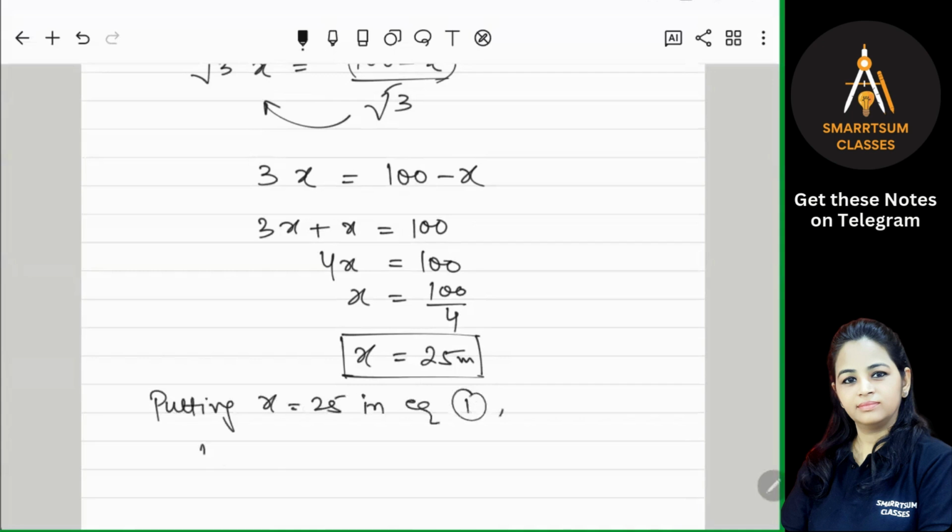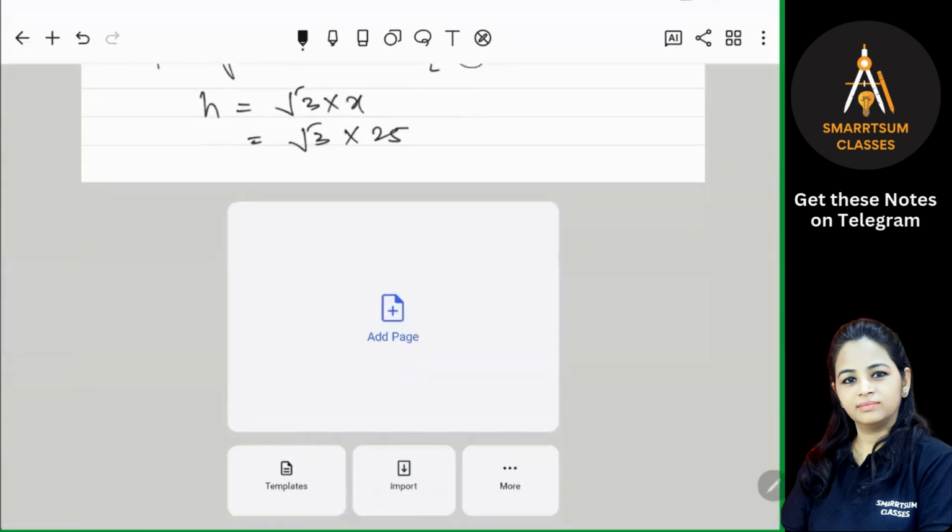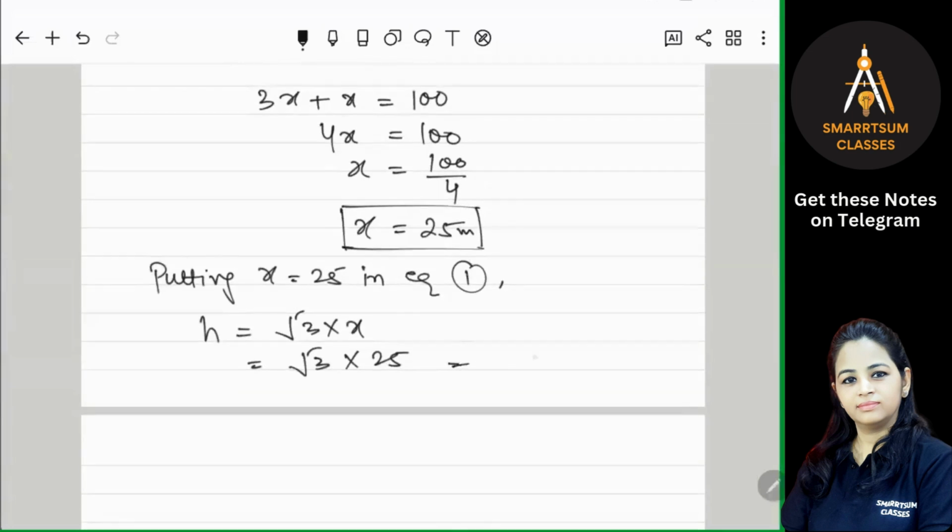Equation number 1 is H equals root 3 into x. So putting the value, root 3 into 25. The value of root 3 is 1.732 into 25. After multiplication, you will get 43.3 meters.